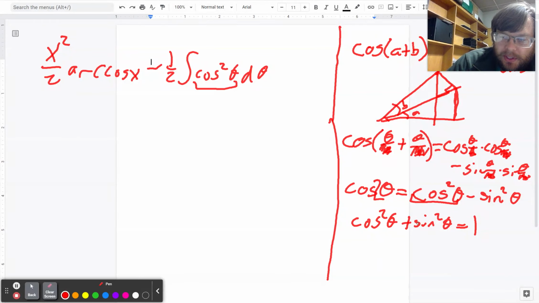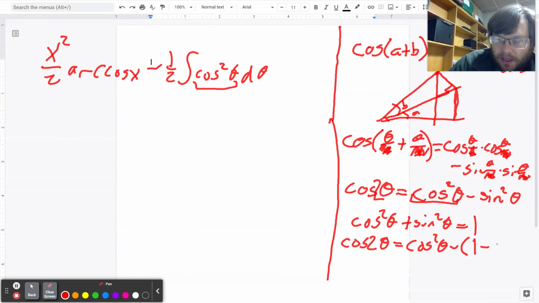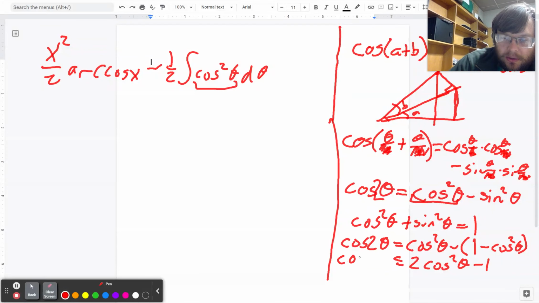And so if I substitute this in for sine right here, I have cosine of 2 theta equals cosine squared theta minus 1 minus cosine squared theta. So in other words, we get 2 cosine squared theta minus 1, because I distributed the negative sign through.